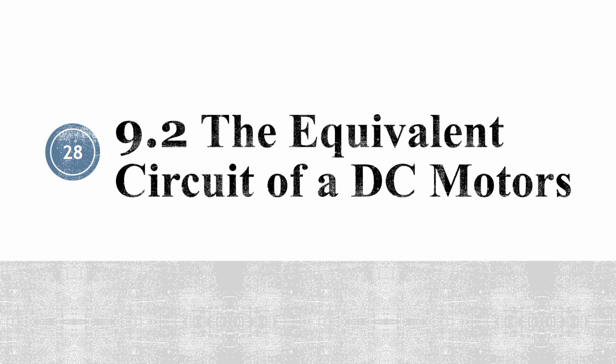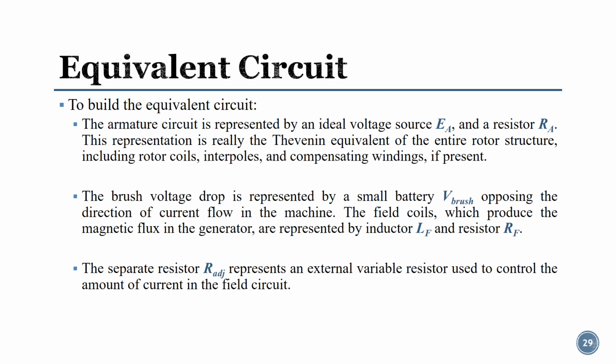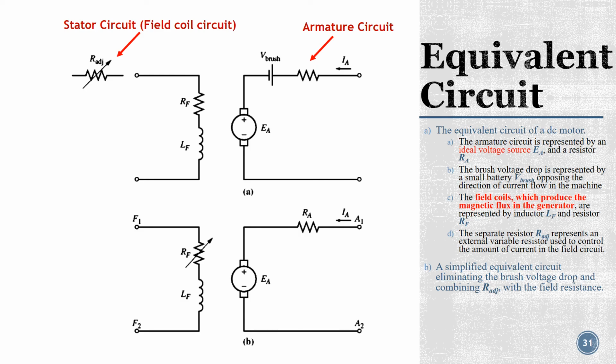So first of all, let's see the equivalent circuit models. As with the earlier circuit models of the motors, we will have the armature circuit. We are talking here about the general DC motor.